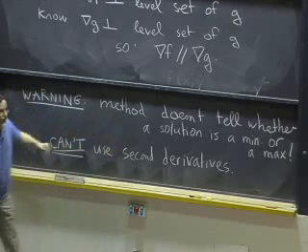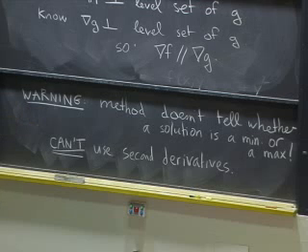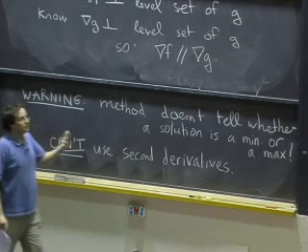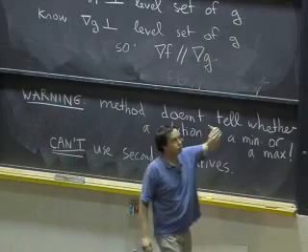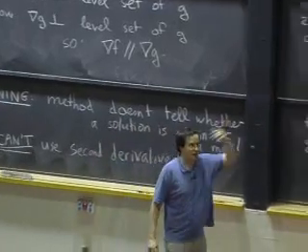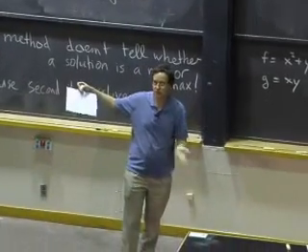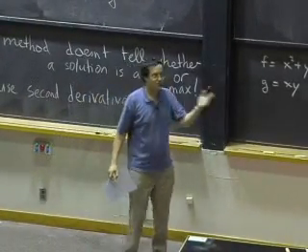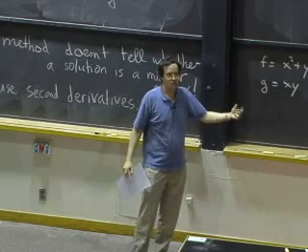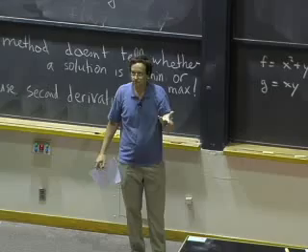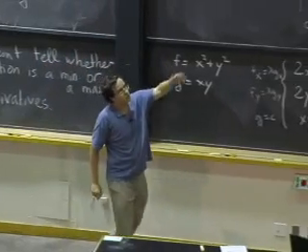So what are we left with? Well, we're just left with comparing values. Say that in this problem you found a point where f equals 3, a point where f equals 9, a point where f equals 15, well, then probably the minimum is the point where f equals 3, and the maximum is 15.